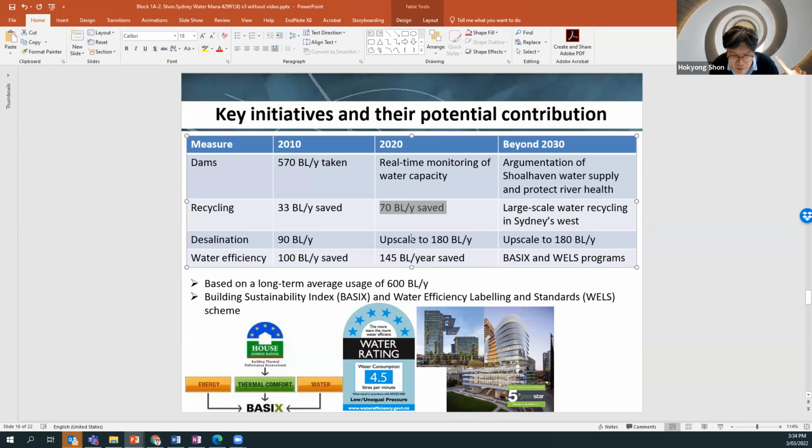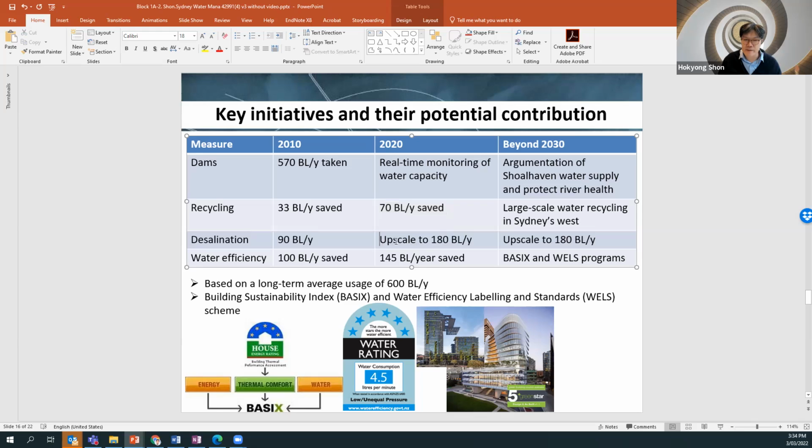We have Hyde Park and the Botanic Garden. There is a lot of water use, and they utilize just tap water. So recycled water can be connected at a large scale across Sydney through wastewater reuse. So this will increase further.